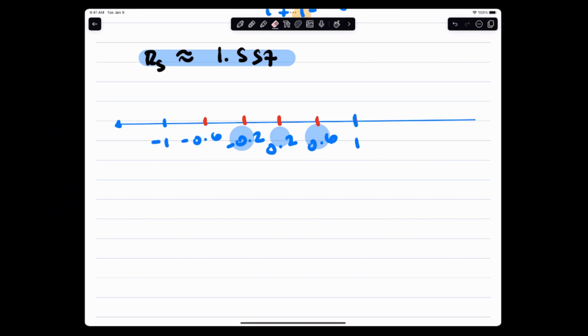So I'm going to try to get rid of all these values. We're going to get some midpoint values now.